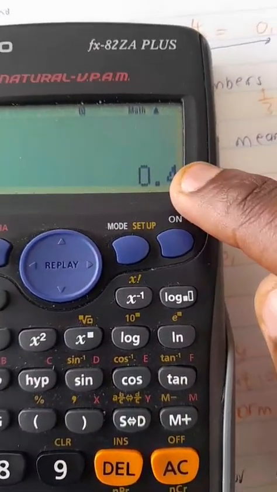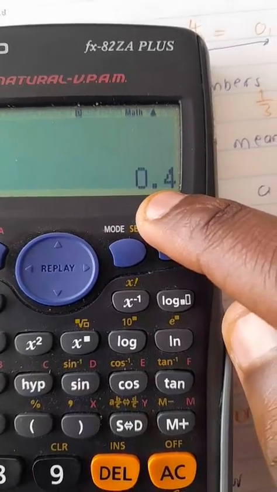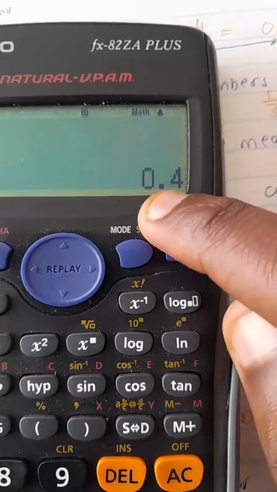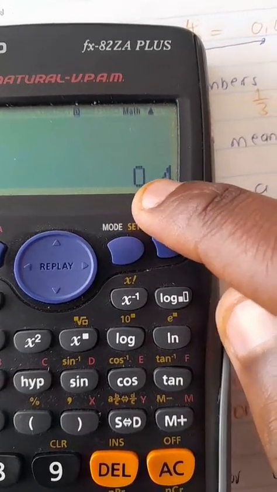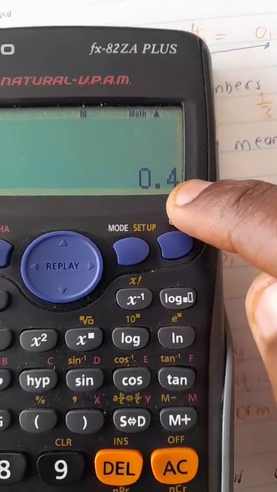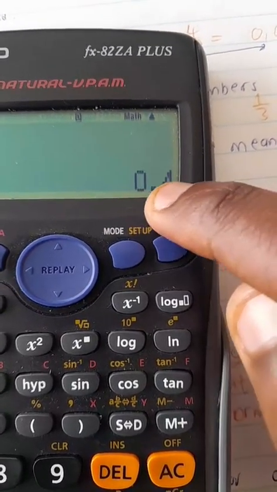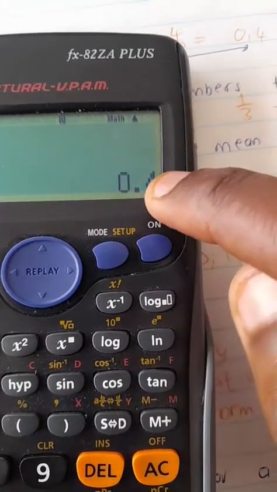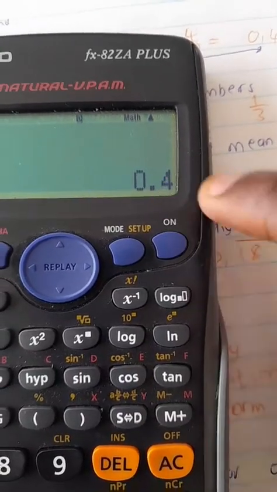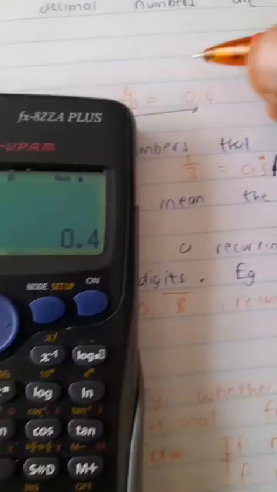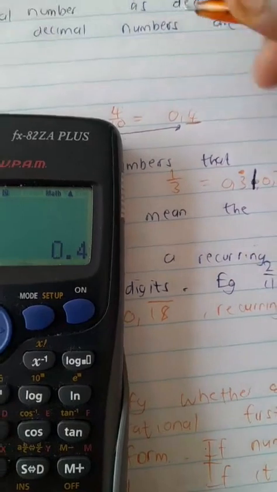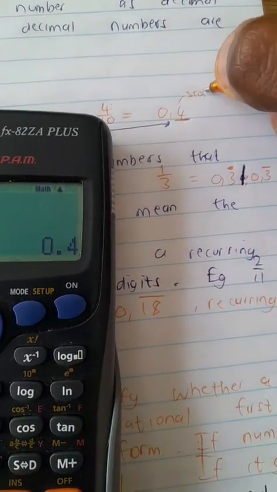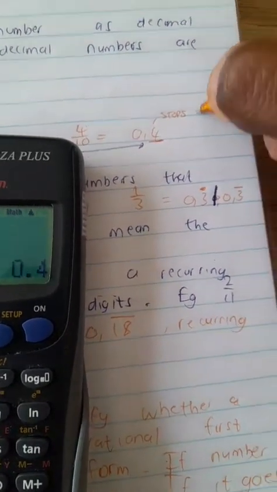And what that does, it changes the fraction into a decimal. But what do you notice? This is 0,4. After the comma, the 4, there are no more numbers after the 4. In other words, the decimal terminates. In other words, stops, ends.